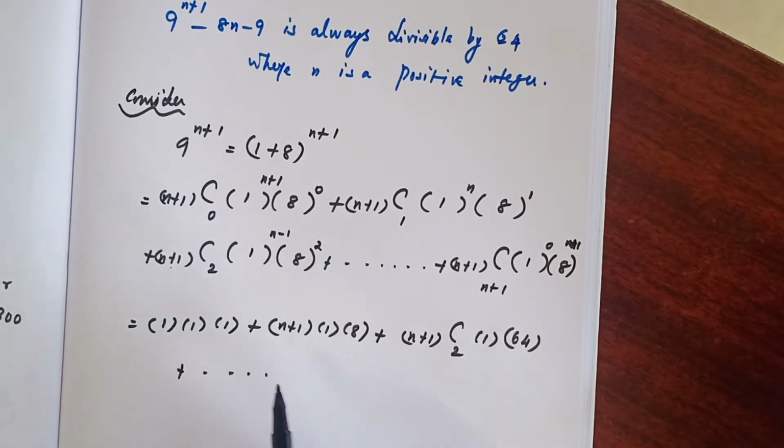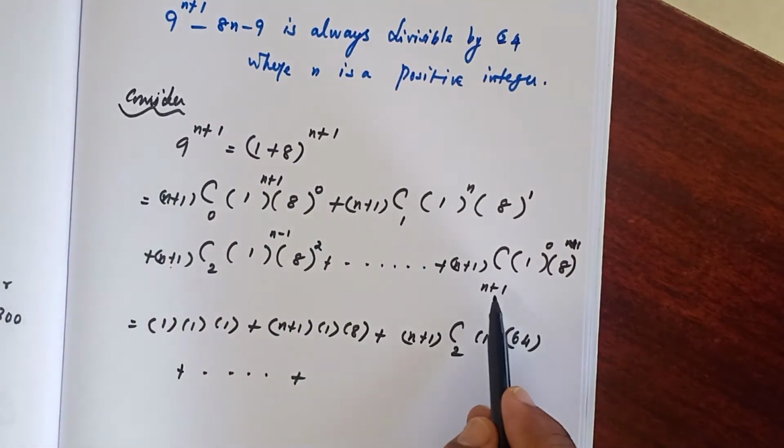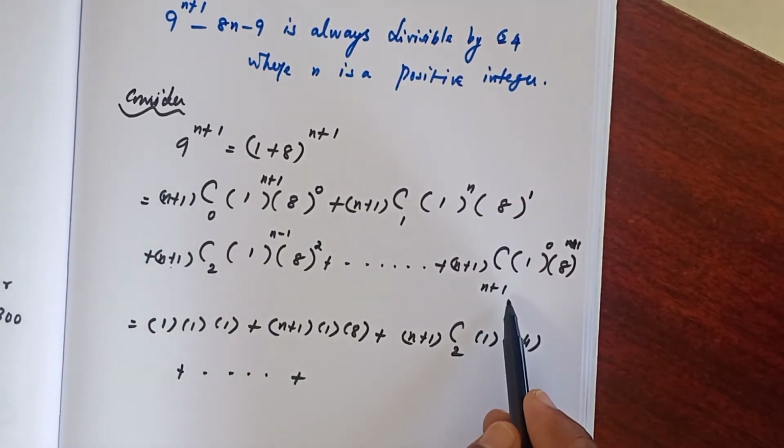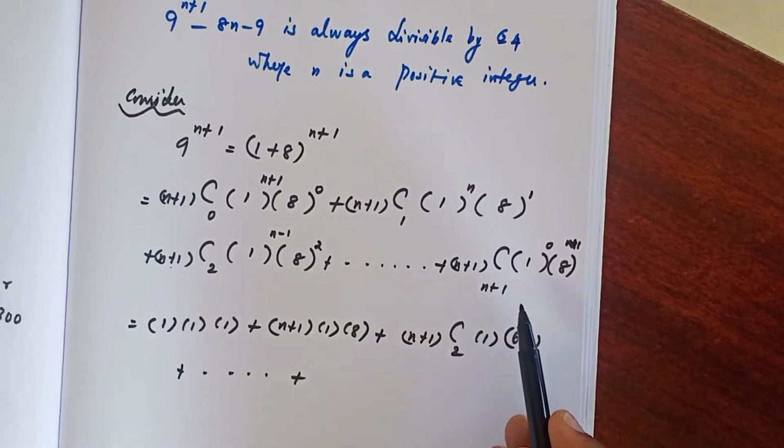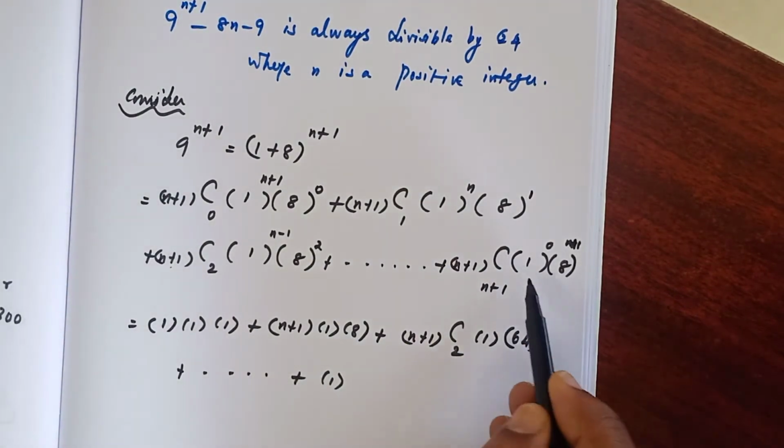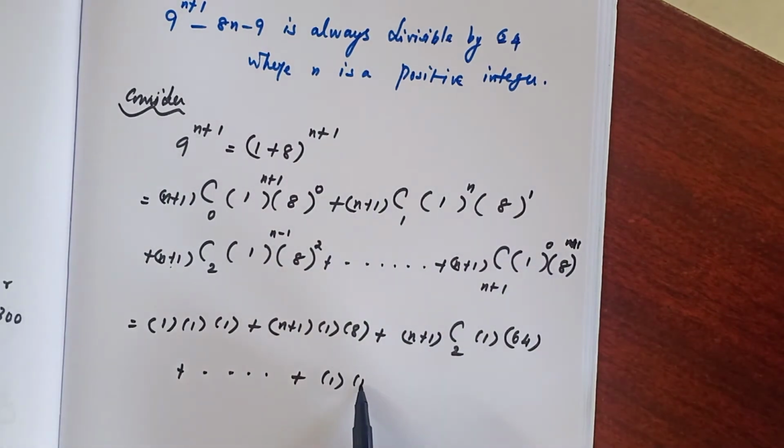It is going on up to n c n. If n and r are same, that is equal to 1. Therefore n plus 1 c n plus 1, that is also 1. 1 power 0, that is 1 and 8 power n plus 1.